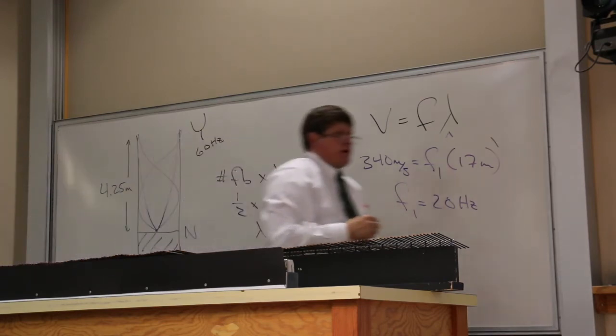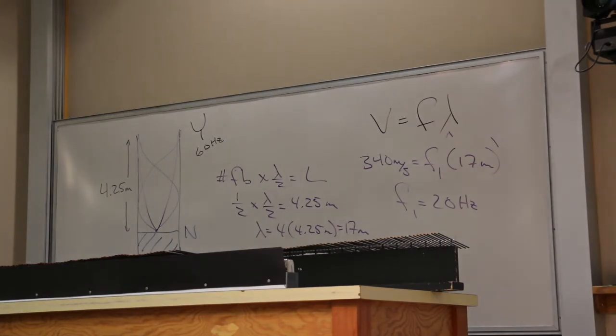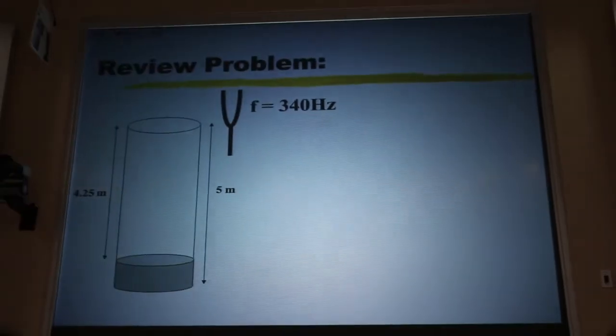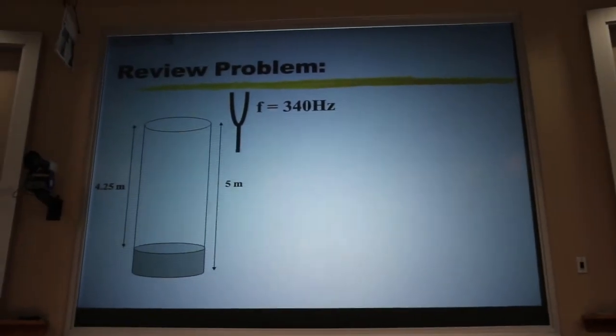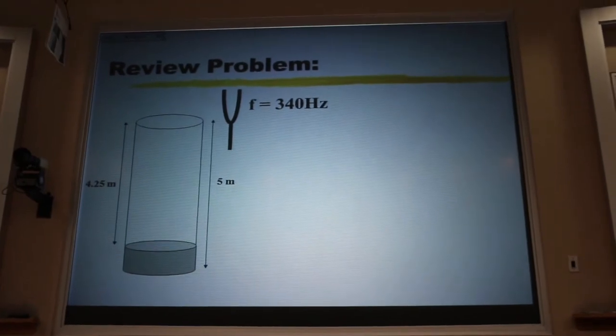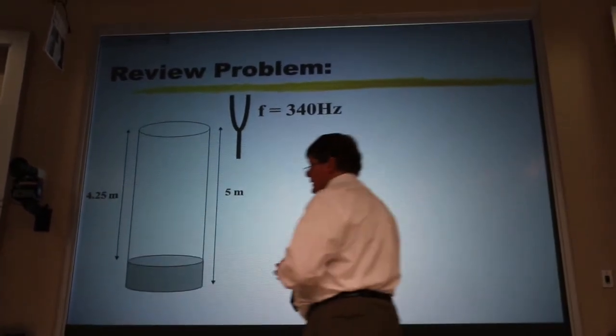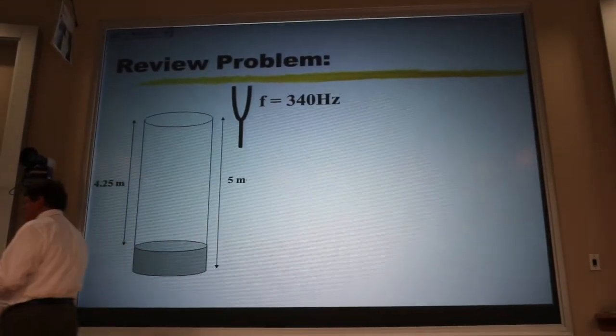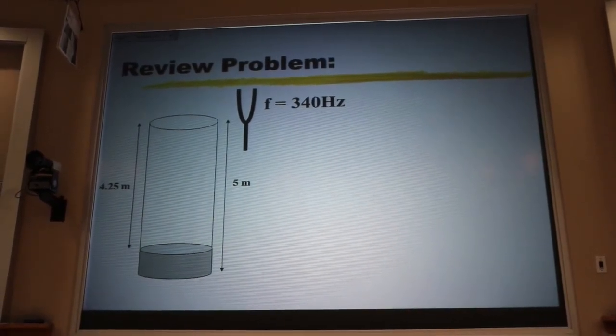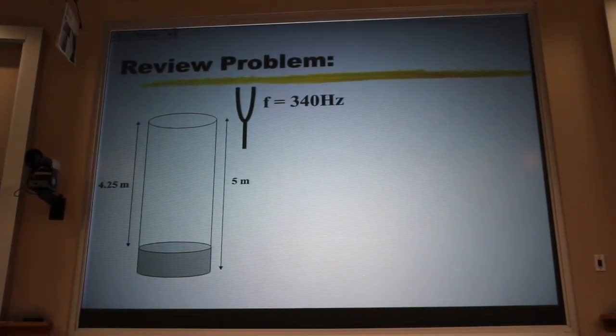Now, in the next part of the problem, we take a tuning fork that has a frequency of 340 hertz, and we ask which harmonic is going to resonate with that tuning fork.